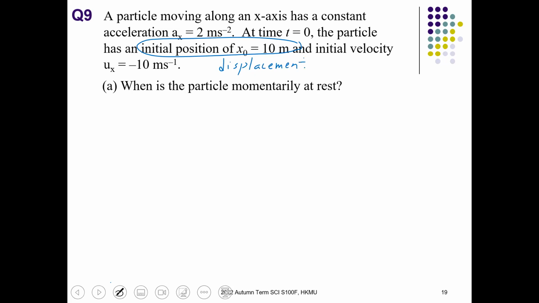At some point, if you consider the displacement, then you need to take the reference point at 10 meters, because this is the initial location.